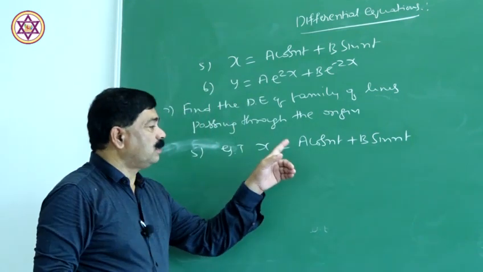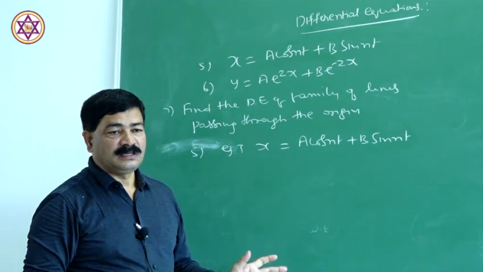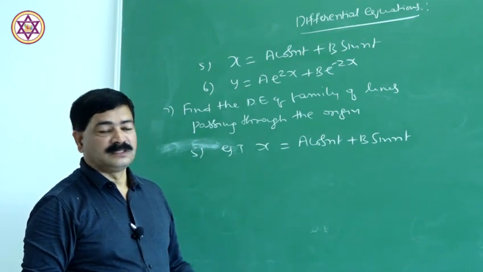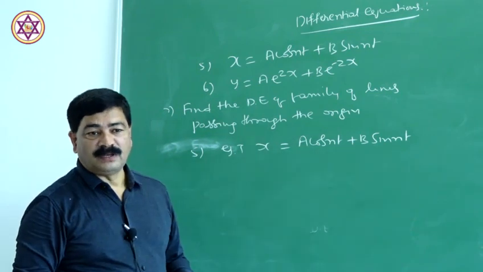Here, how many arbitrary constants are there? There are two arbitrary constants, a and b.